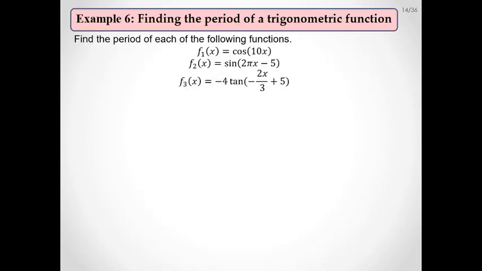Now find the period of each of the following functions. The first thing is you have to pay attention to cosine. So what's the period of cosine? The period of cosine is 2 pi.